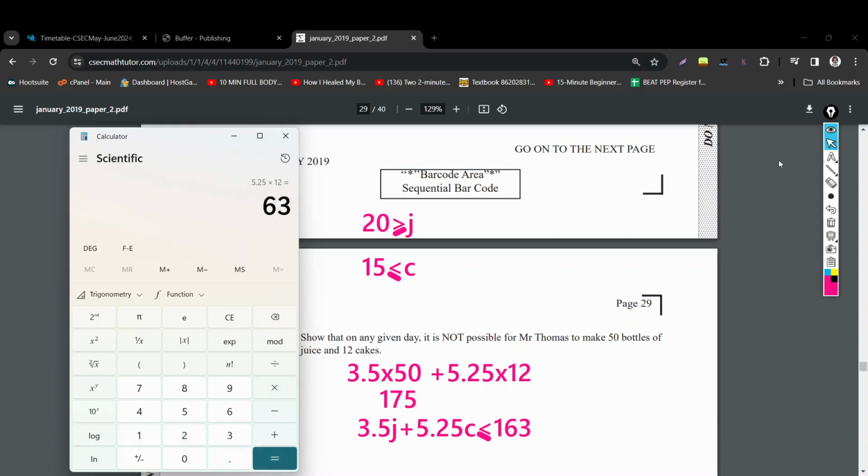And that one is 63. So 175 plus 63. So this is definitely greater than 163. So since it's greater than 163, therefore it is not possible.